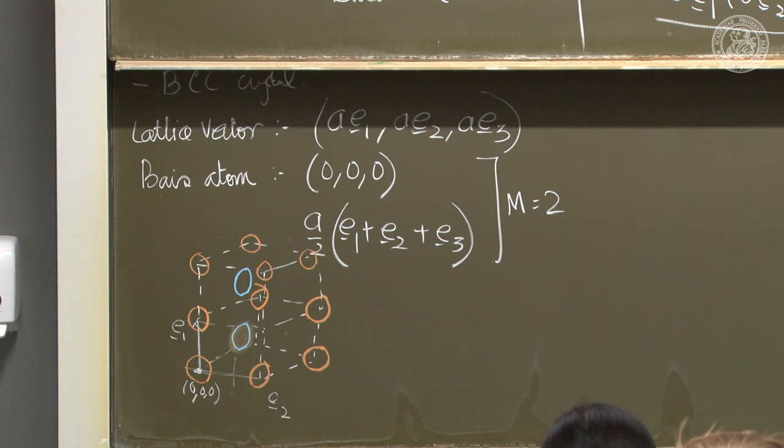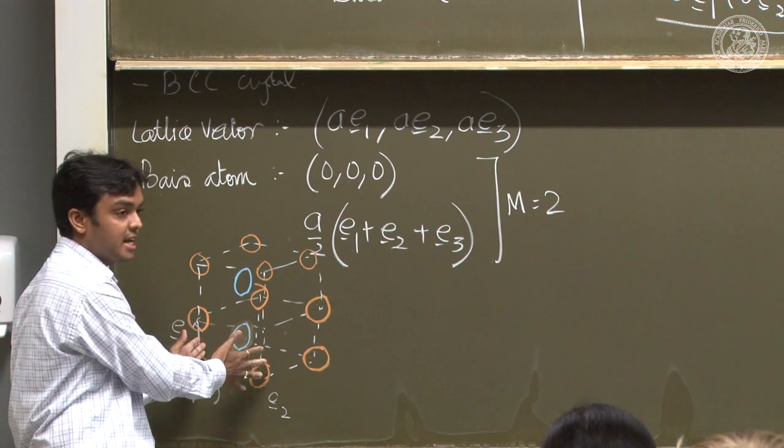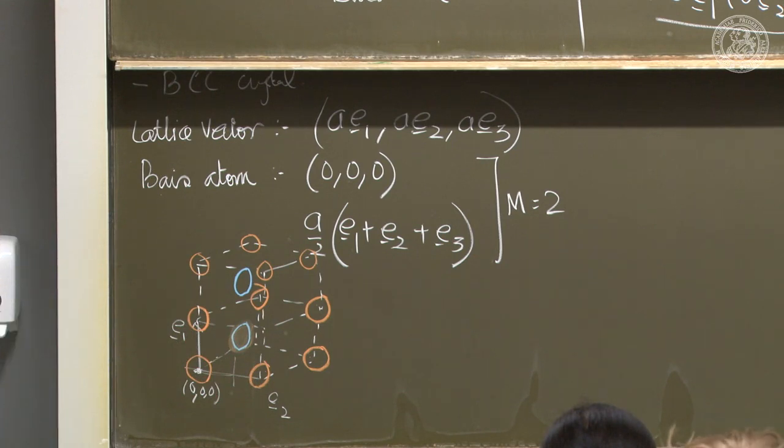You have a small unit cell. This is your smallest unit cell.